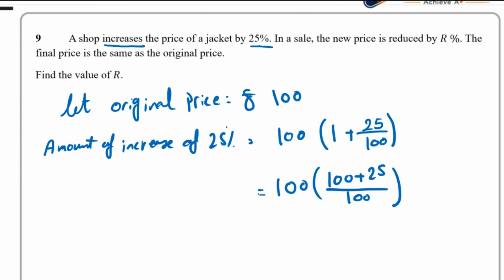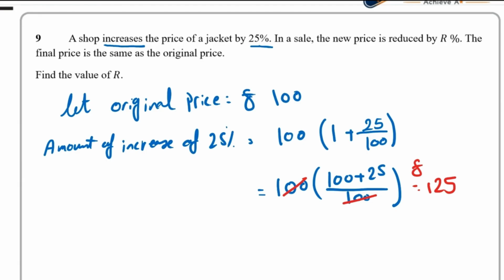So now we can calculate it easily by canceling the bottom of the fraction 100 with this 100. This will give me 100 plus 25 is 125 pound for the new price.